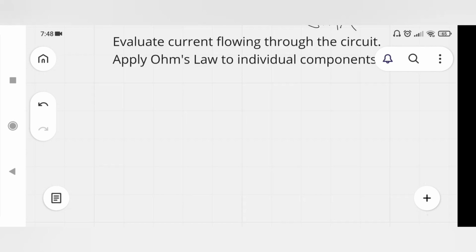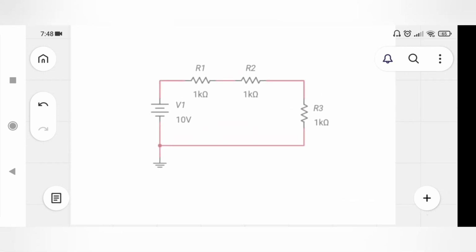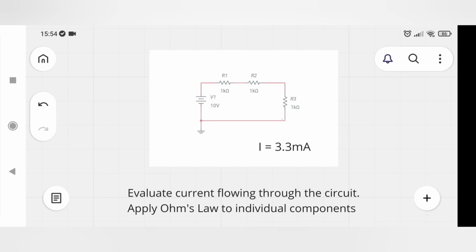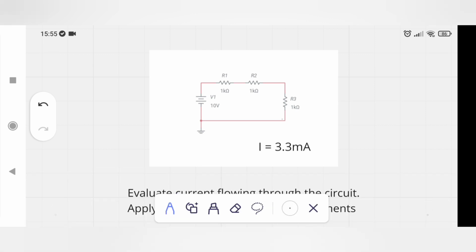Now come to the next circuit. This is the third circuit we are going to analyze. Here 3 resistors are in series and all of them are of equal value, so the voltage drop across them is also the same. Again, the same method of calculating voltages across resistors. This is V1, voltage across R1.